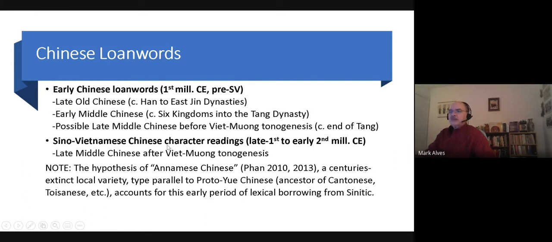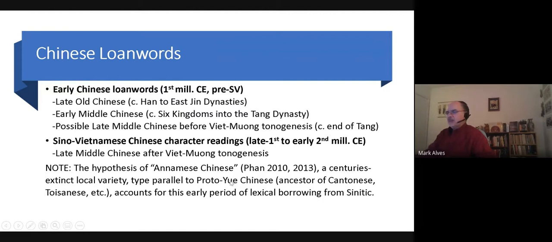So there is a hypothesis of what is called Annamese Chinese. That means Chinese spoken in northern Vietnam in the first millennium. But it is a centuries-extinct local variety, local meaning northern Vietnam. It's kind of parallel to Yue, meaning the ancestor of Cantonese and Toisanese.